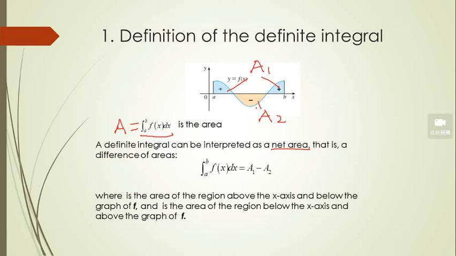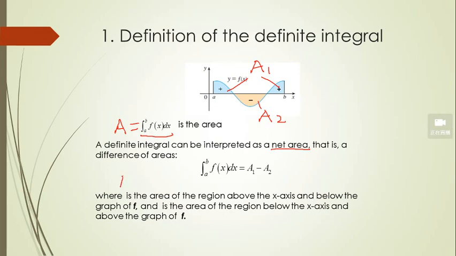So we do have the minus area, okay? So we call it the net area. Let me double check with my note. Here, A1 is the area above the x-axis.